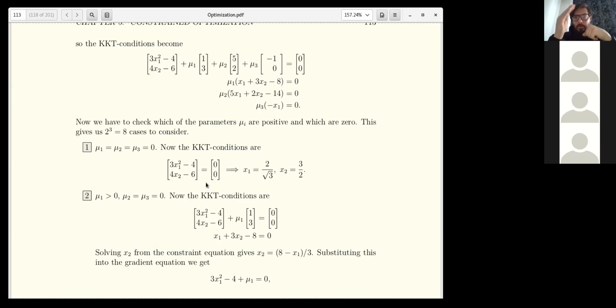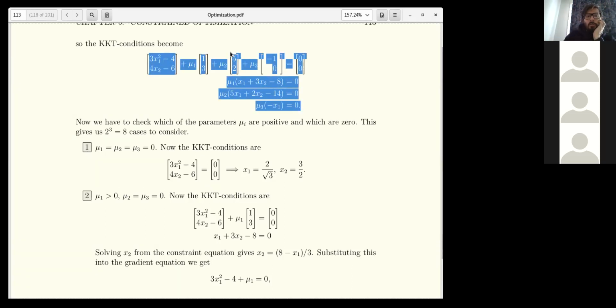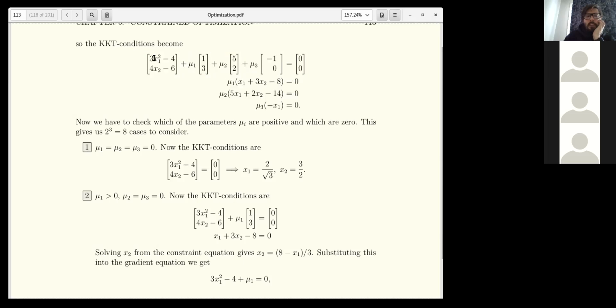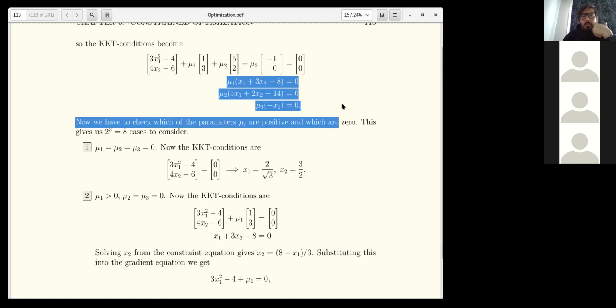So make sure that if you come up with a solution, you check all the equations that you started from. For instance, here there are a total of 5 equations: the first line of the gradient condition, the second line of the gradient condition, and all these three other conditions.